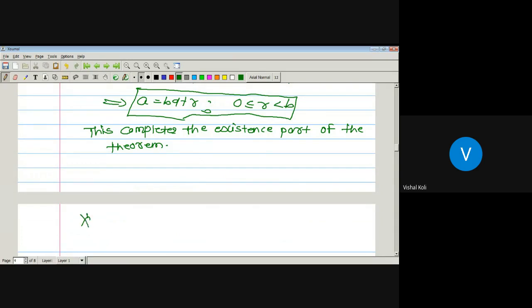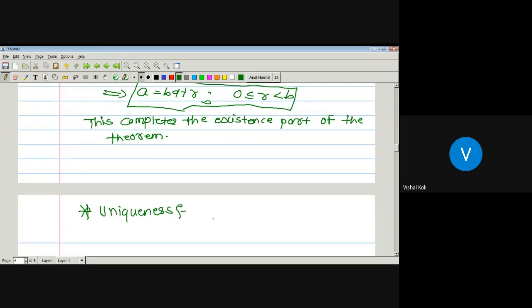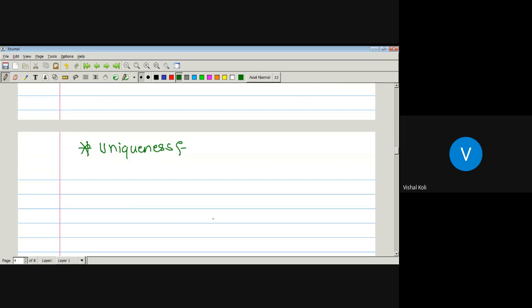Now, uniqueness of the theorem. For proving uniqueness, we will assume that there are two possible ways of expressing an integer a as a multiple of b.